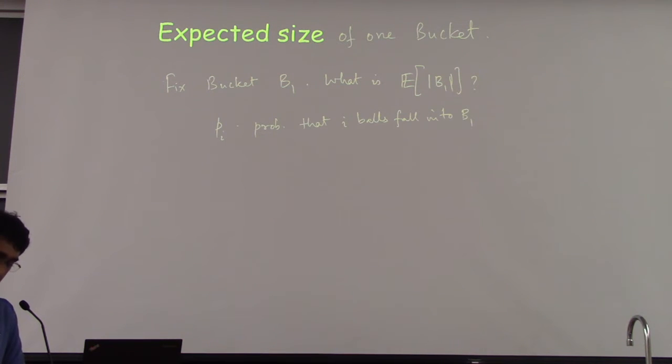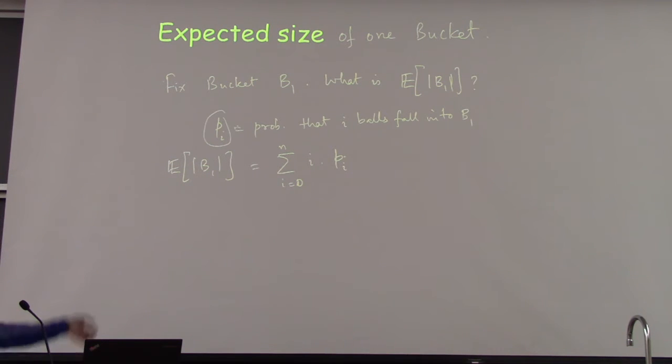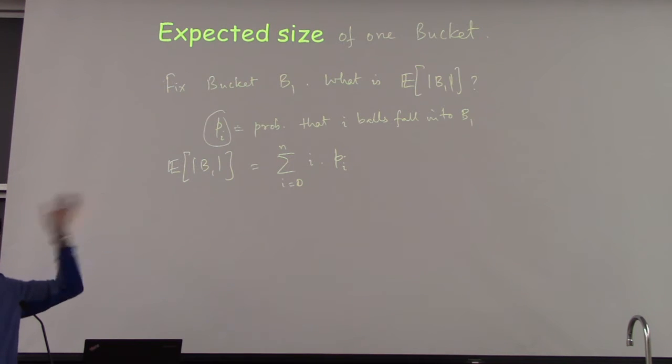Then the expected value of the size of B1 is the sum over i from 0 through n of i times p_i. This is just the definition of expectation. So you can compute this p_i for every i, and then compute this quantity.